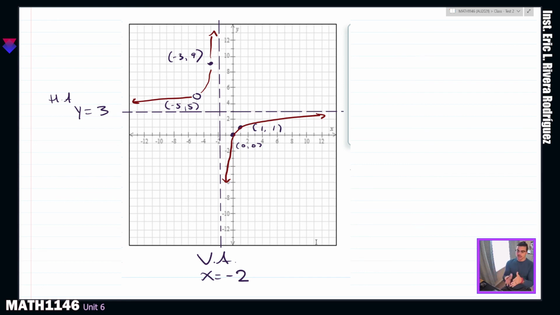The graph always wants to touch the asymptote, so it will go towards the asymptote, but we never reach the asymptotes. And that is how we got the graph. Any questions?